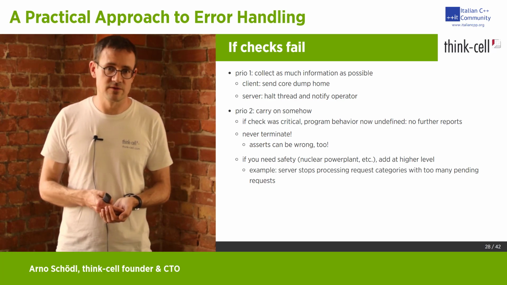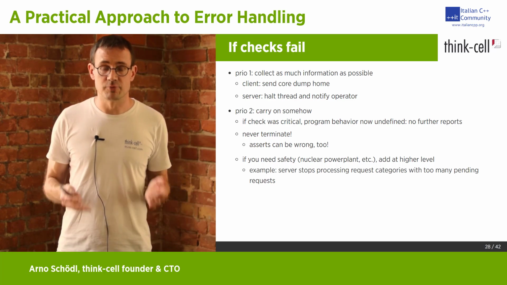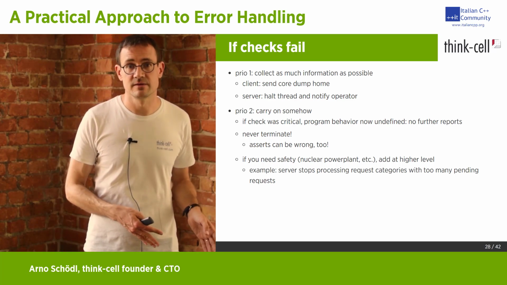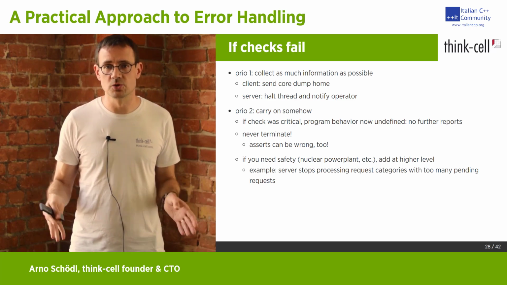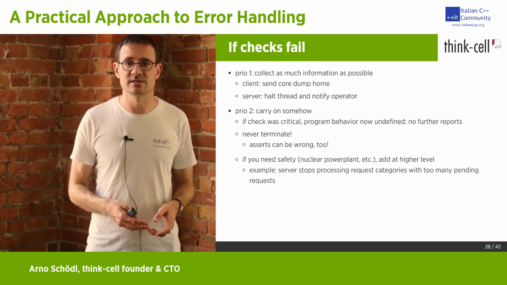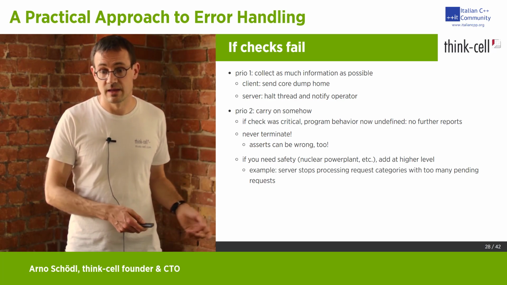So don't make any further reports, don't collect any further information, because the program now has undefined behavior. We don't want to know anything anymore about what the program is doing, because this just may be a consequence of that failed API call earlier.